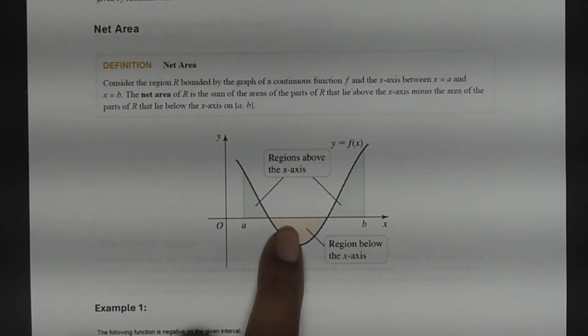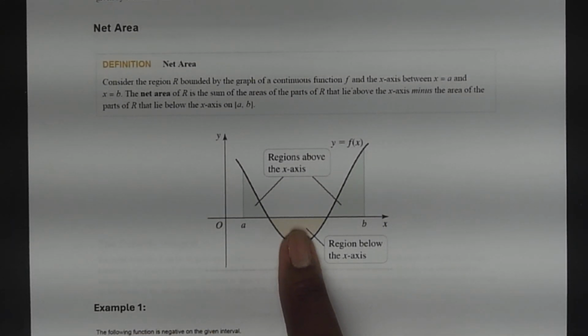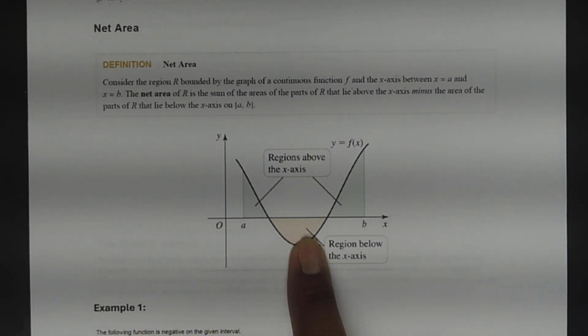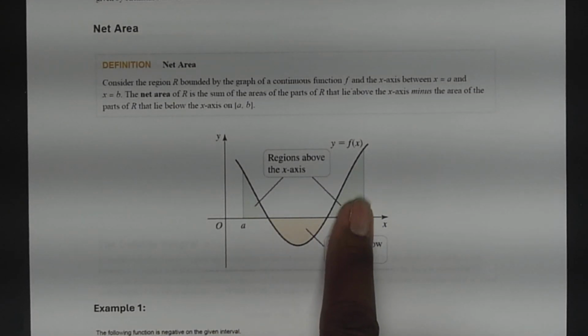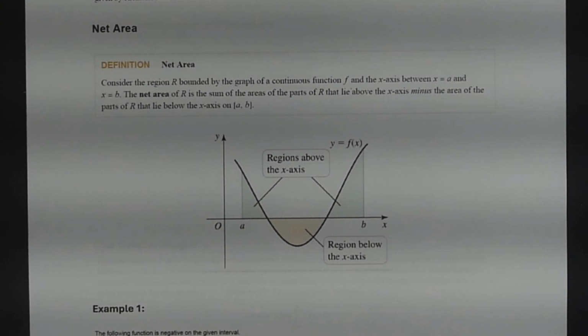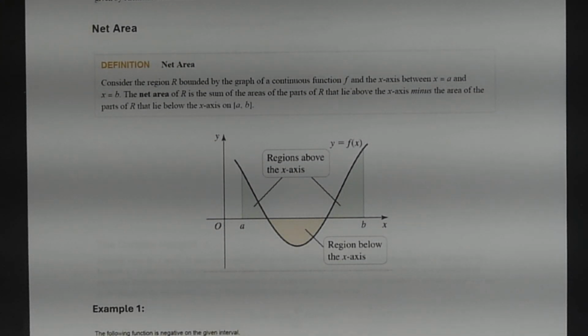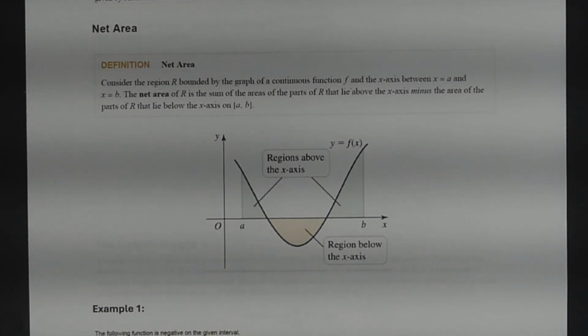And this area down here in orange is going to be subtracted, that area that lies below the x-axis. So the two green ones are positive areas, and the one below the x-axis will be your negative area. Okay, so that's basically what net area is.